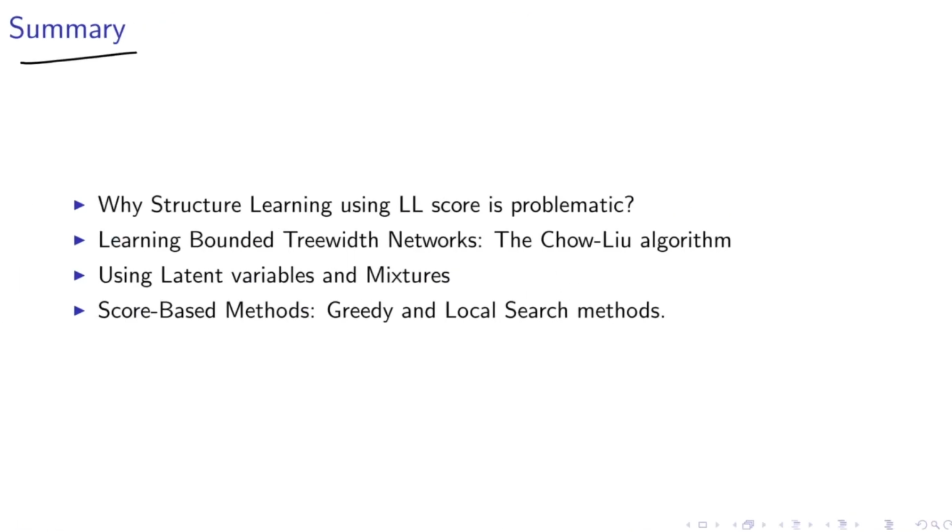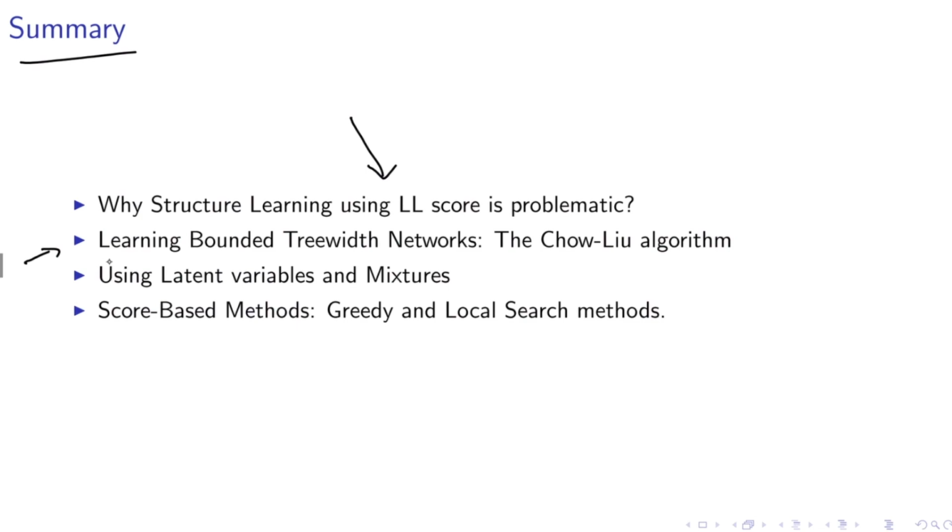To summarize, in this lecture we saw structured learning algorithms for Bayesian networks, and we saw why structured learning using the log likelihood approach, or the MLE approach, is problematic. In order to circumvent these problems, we saw three types of methods.